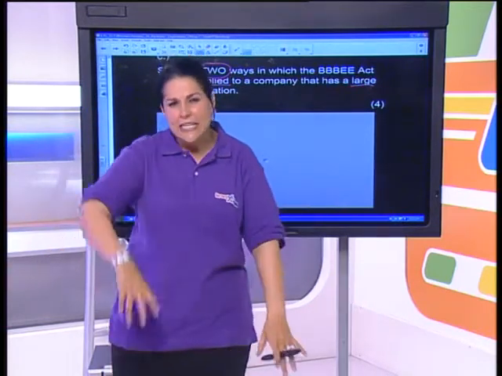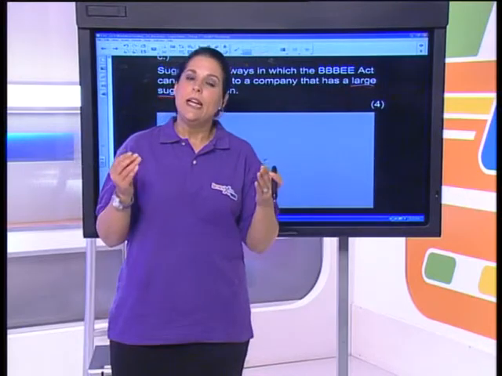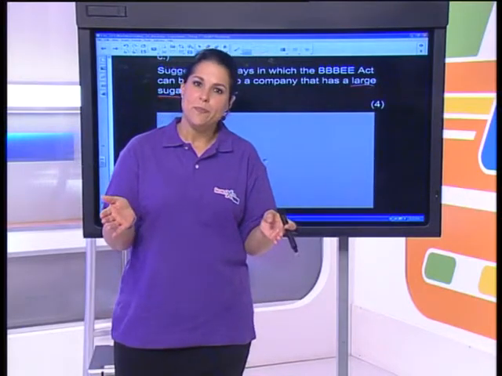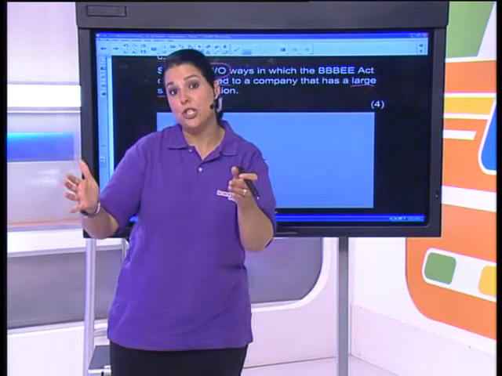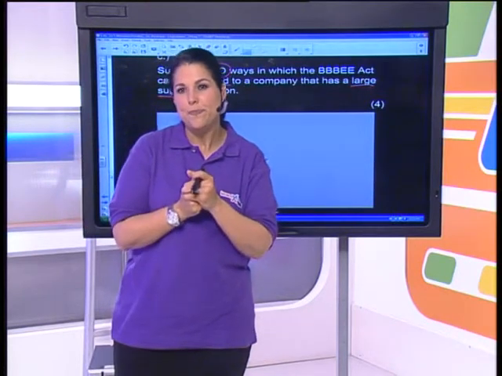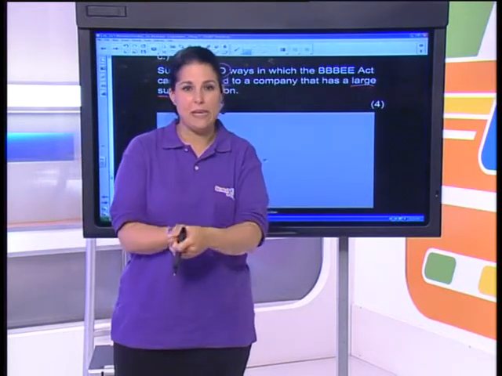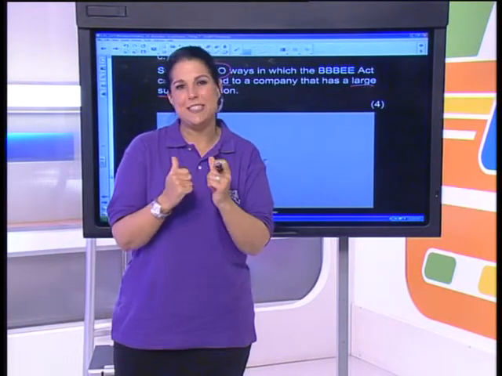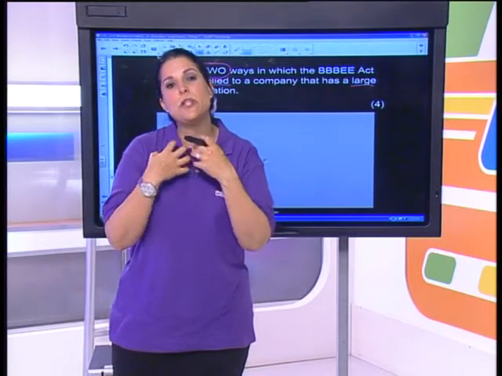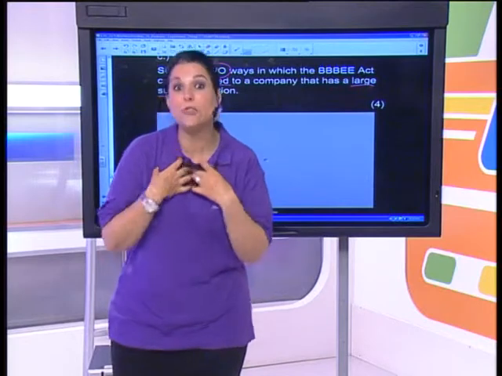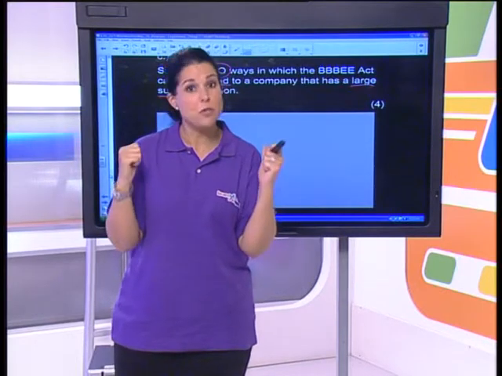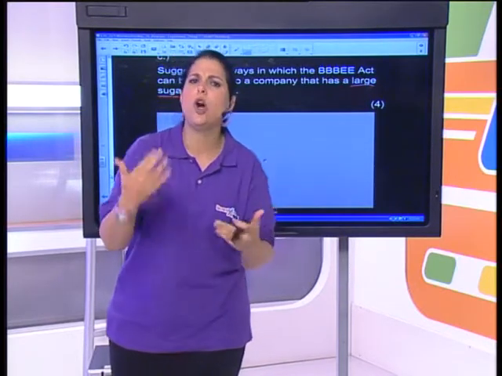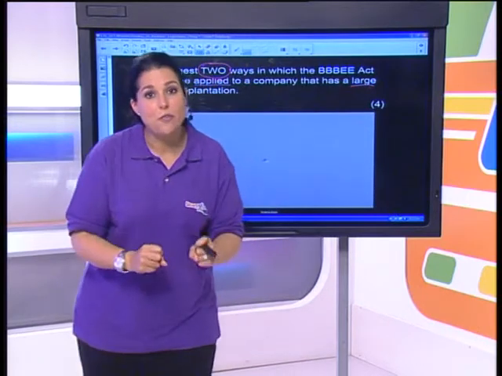It looks so nice and green. If you have a company that has a large plantation of sugar, how can we implement BEE? I love these questions because it's what you're going to say. You can't write nonsense. It has to have to do with BEE, but it's very open and they accept a lot of answers.